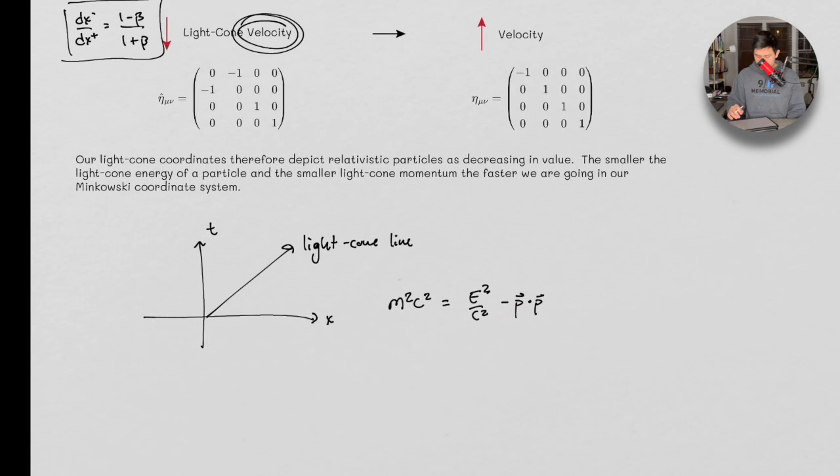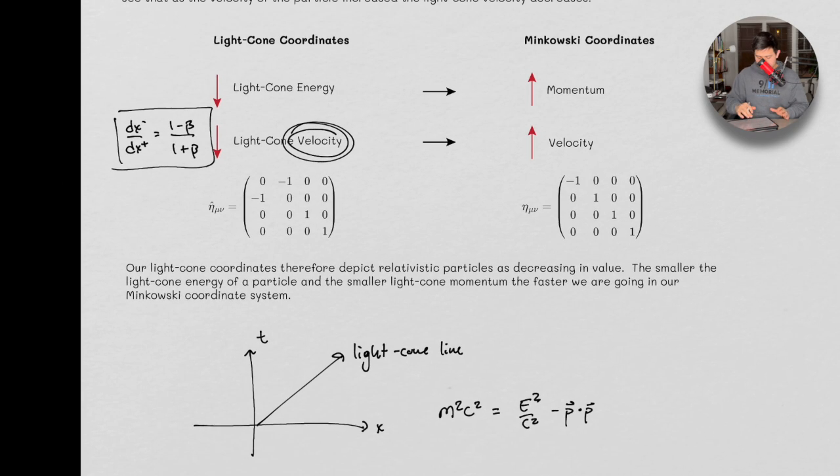And so as the momentum decreases, all the energy is put into the temporal component. If this decreases, then this thing has to increase, so these two things are inversely related to each other, but these across here are also inversely related to each other.